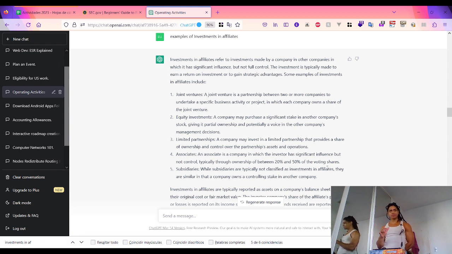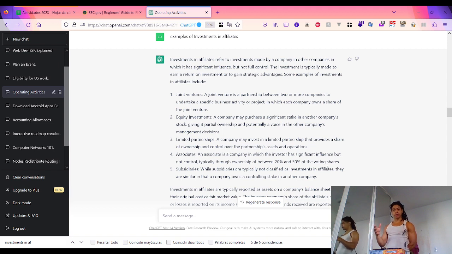I think this is more about competition and undertaking a particular business activity. The trade-off here might be for the consumers, whereas the equity investment, limited partnership and associate are more relevant to controlling the management decisions of that company.